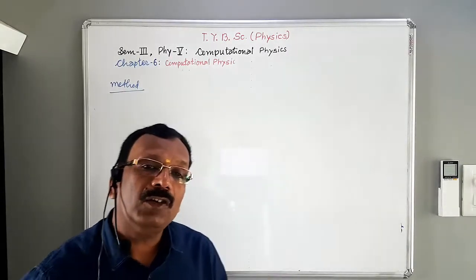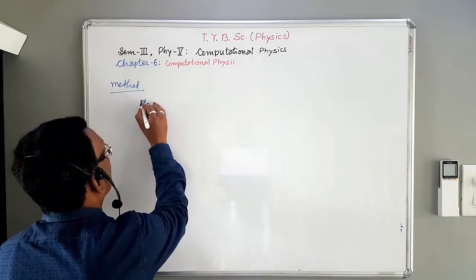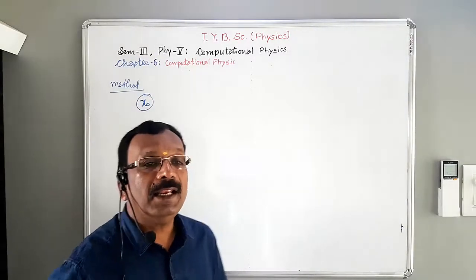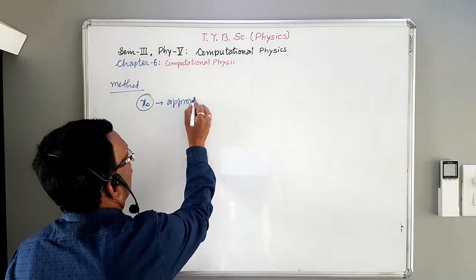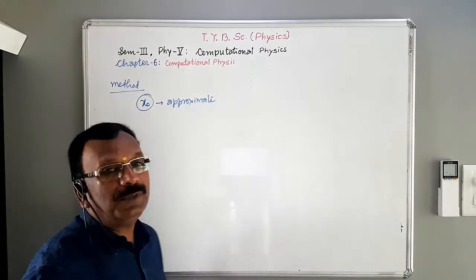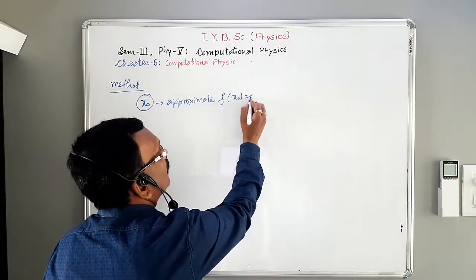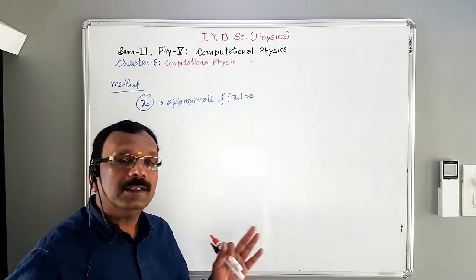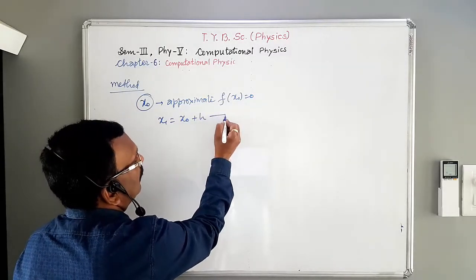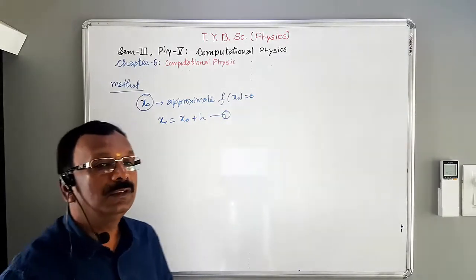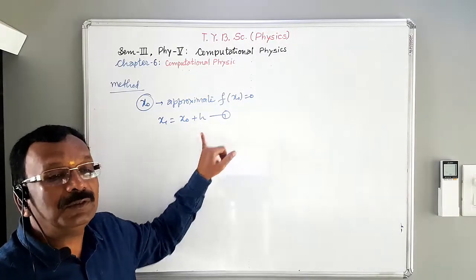Now, in order to understand the Newton-Raphson method, let x0 be an approximate root of the function f of x is equal to 0. Let the actual value be x1 is equal to x0 plus h. This is the actual value of the root. Suppose this is equation 1.